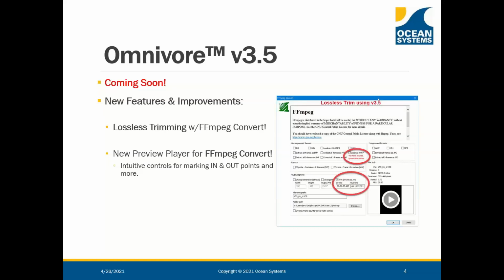If it does not understand the container, that's a lot less information for FFmpeg to be able to leverage to do a lossless trim, right? But if it doesn't understand the container, for instance .xyz, but it does understand that there's an AVC video stream inside that container, chances are you may be able to work with it in FFmpeg.